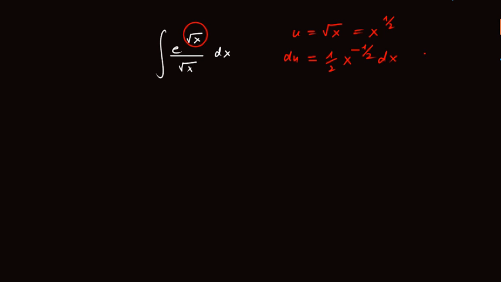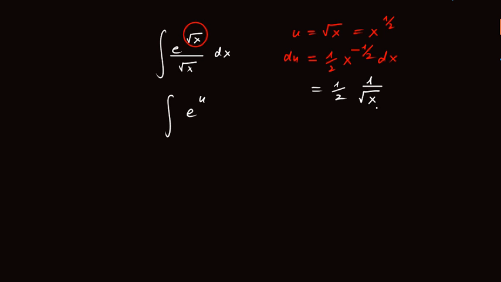Okay. So now we want to substitute back in. e to the, instead of square root of x, we write u. And then we have to figure out what to do with the dx and the square root of x. But they're here. How are they here? Well, this is 1/2. And then x to the minus 1/2 is the same as putting x to the 1/2 in the denominator, but x to the 1/2 is the same as square root of x.